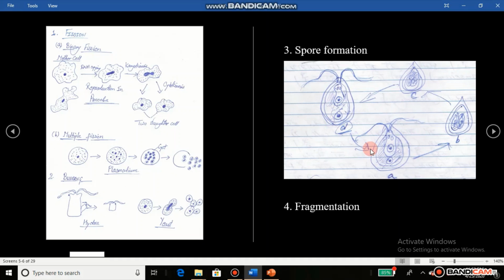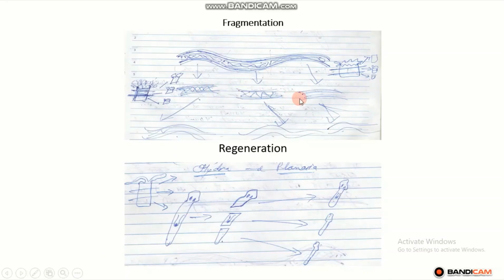Now the next one is fragmentation. Okay, what is fragmentation? This is the diagram of Spirogyra for explaining fragmentation. See, Spirogyra is a green algae, and whenever you see it with the naked eye, it just looks like a green bed, not clearly, but whenever you see it under the microscope, you will find a structure like this, and this is Spirogyra.